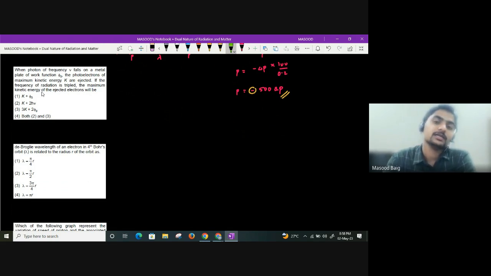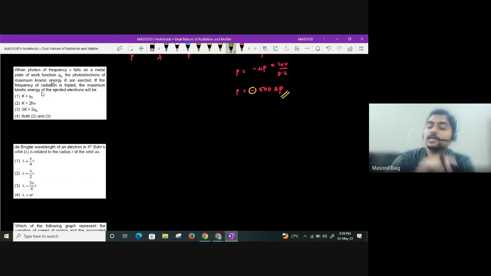If the graph follows a straight line passing through origin, frequency doubled means kinetic energy doubled. With a positive intercept, kinetic energy is less than doubled. With a negative intercept, kinetic energy will be more than doubled, guys. So always remember, it's a very important case.